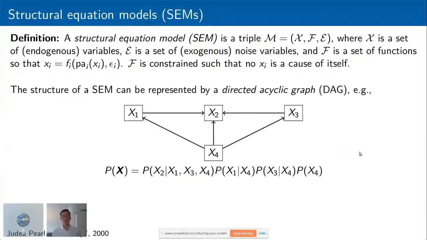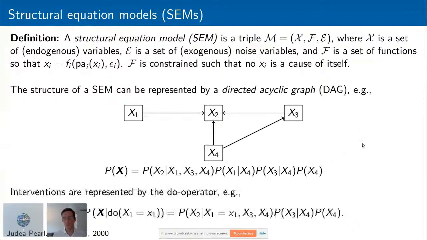And then you can represent interventions in this framework by the so-called do operator. For instance, you write the intervention of setting the variable x1 to the value x1 as the probability distribution of x given do(x1 = x1). And to write down that probability distribution, you go to this factorized distribution here.